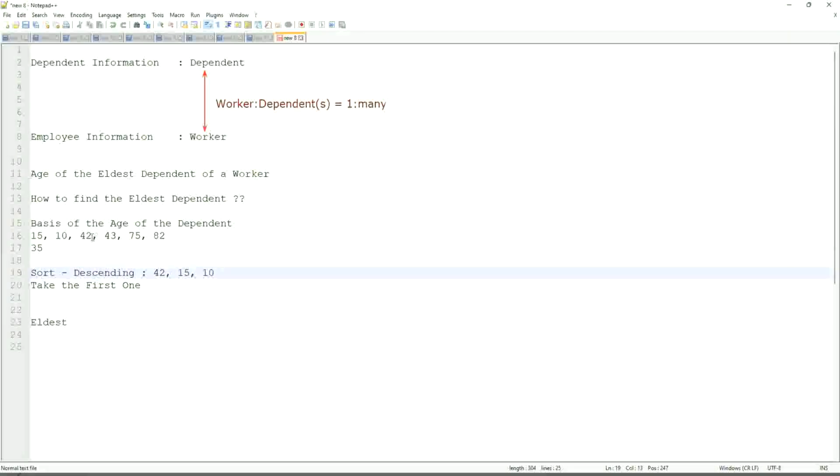Right. Only one problem is if there are multiple dependents with the same age. Right, if there's only children as dependents and there is a twin the same age. So yeah, at that point it becomes difficult, but other than that it is more or less foolproof.